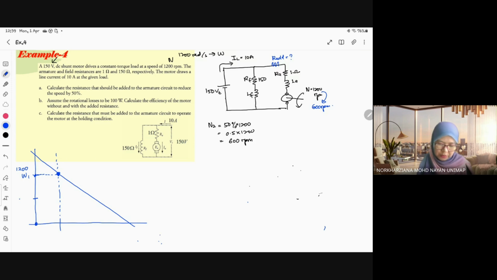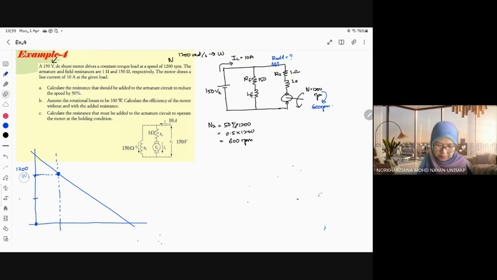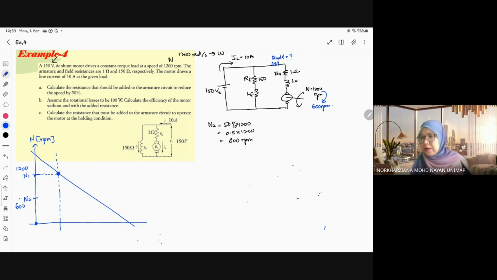It's not omega, apologize. It's N. This is N1, and this one is your N2 with 600 RPM. This one is your current.